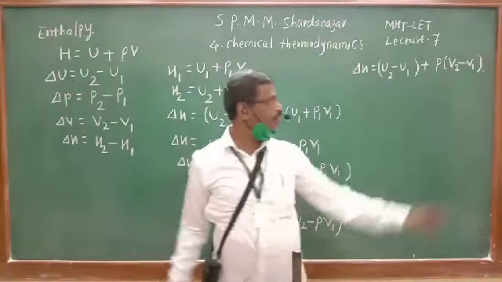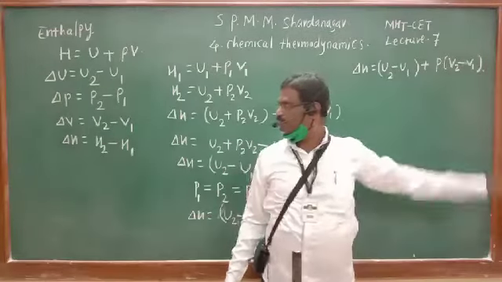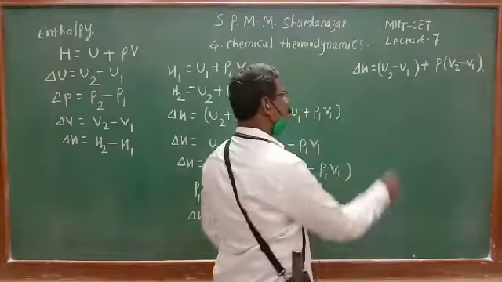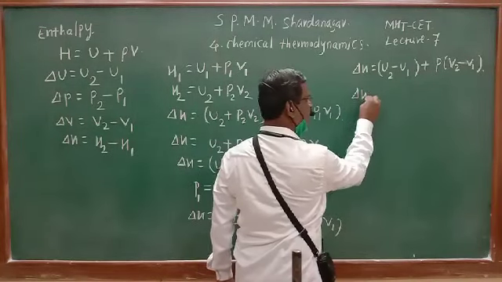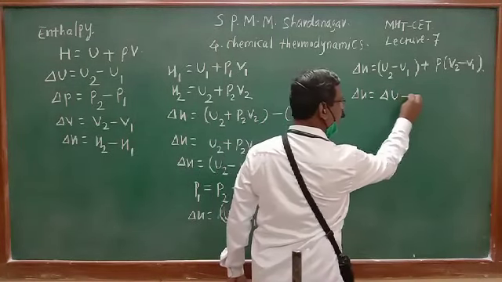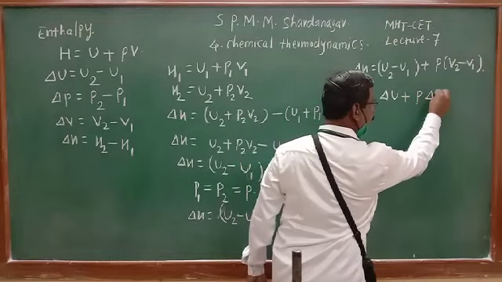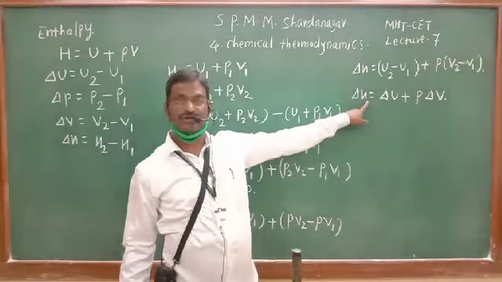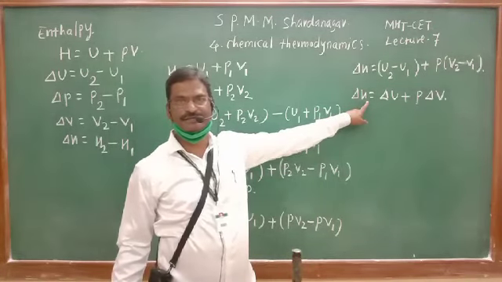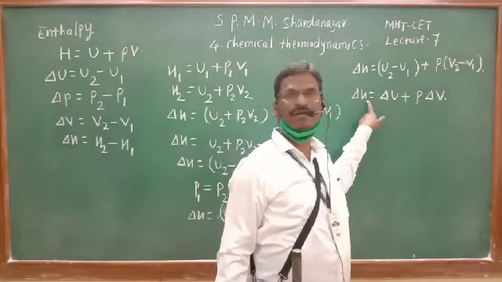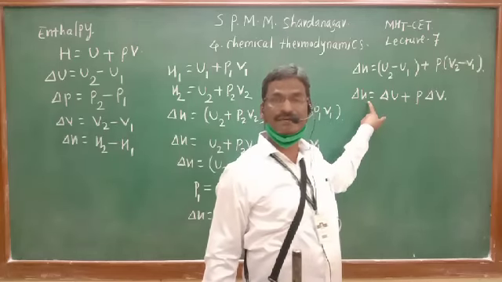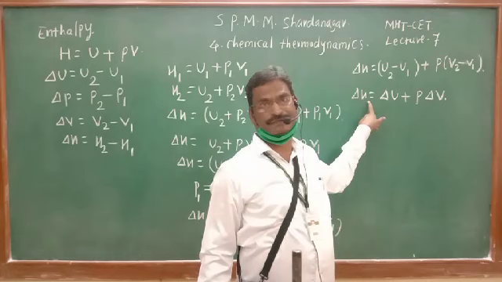Delta U. V2 minus V1, what is it? Delta V. Therefore, finally this equation will become delta H is equal to delta U plus P delta V. This is the equation for enthalpy change during a chemical reaction.